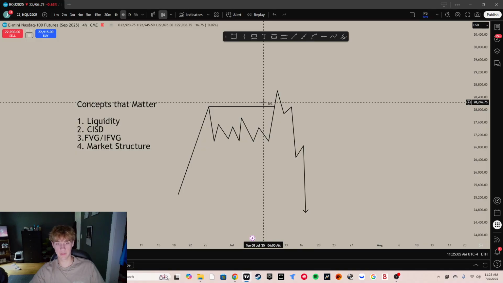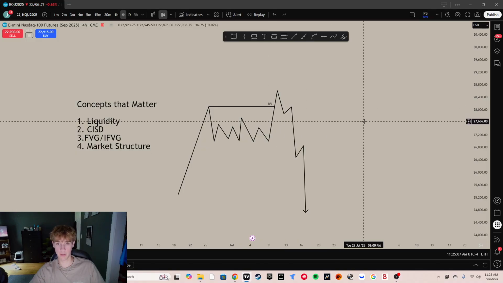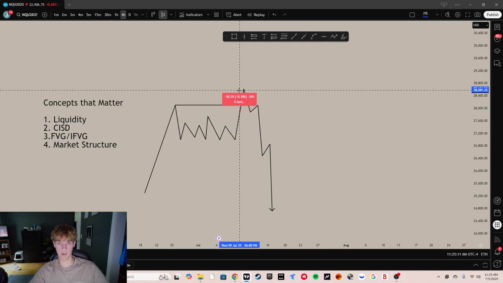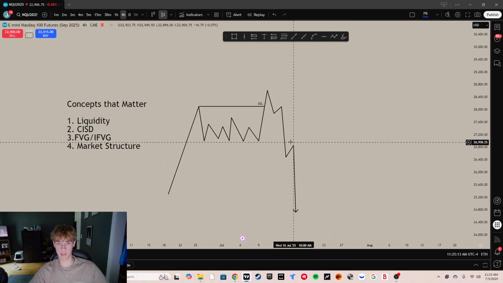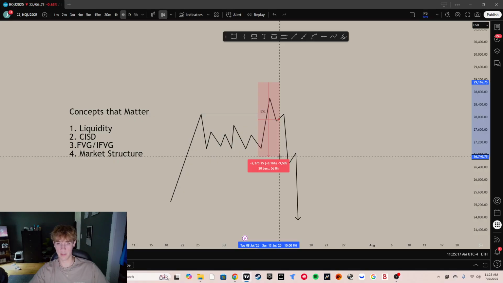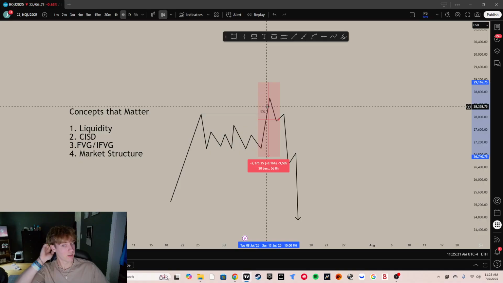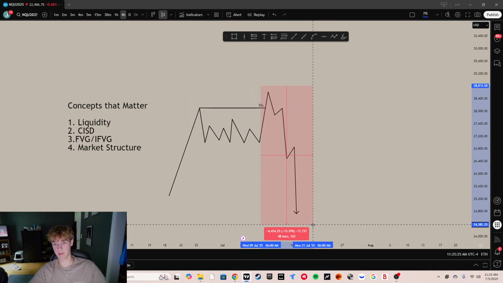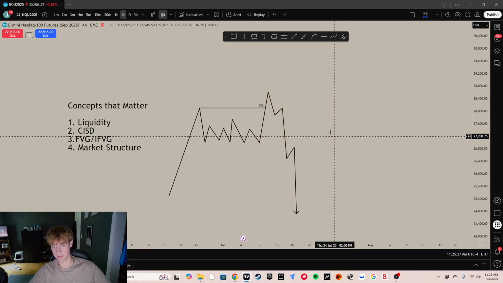But after accumulation, we expect manipulation, which would be this leg up right here. So we look at it from here. Accumulation, manipulation. A lot of buyers will be looking to get in here, but what they don't know is that it's a manipulation leg, and then we can expect our distribution move to the downside.